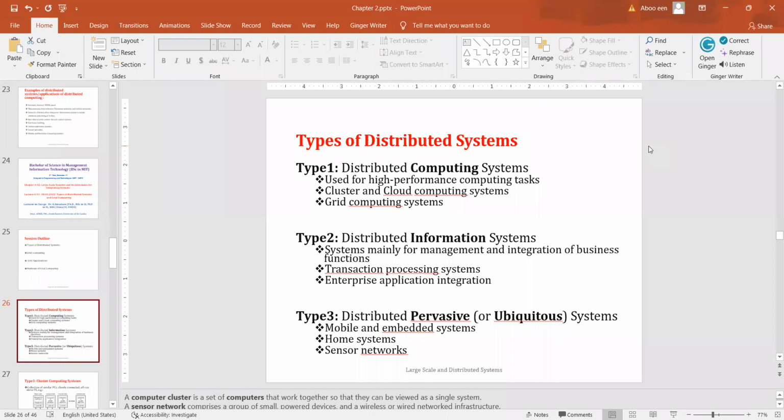To integrate and manage these functional areas, what do we need? To coordinate, manage, and integrate all these functional area activities, we establish an ERP system inside the organization.